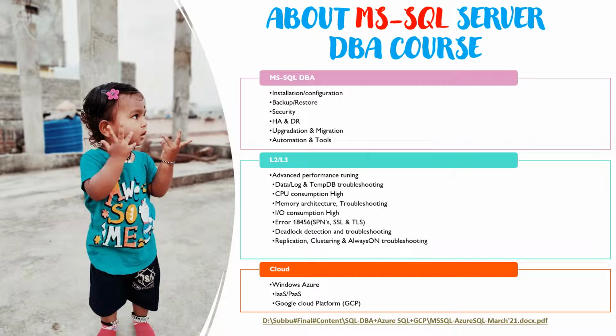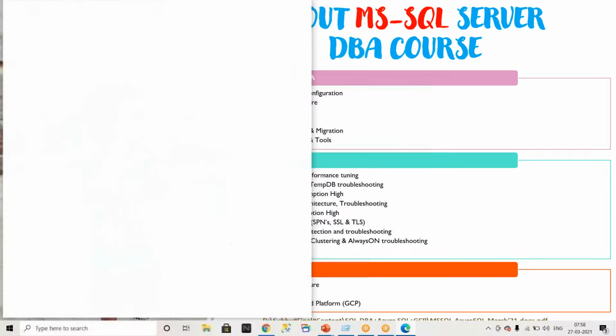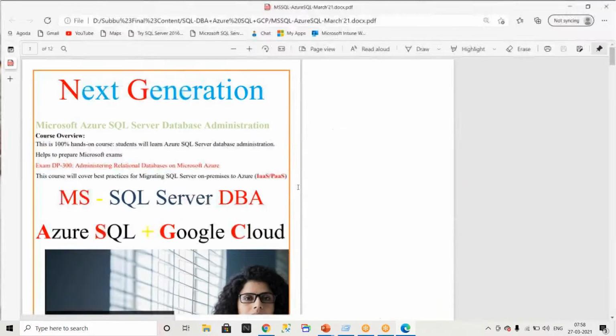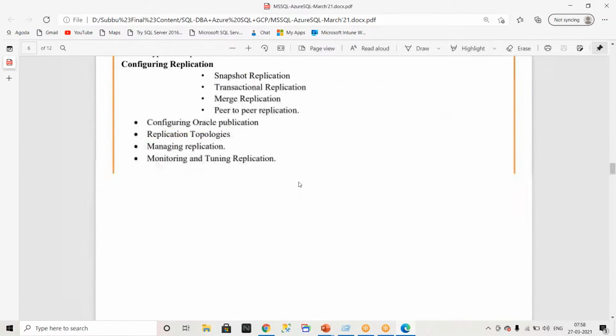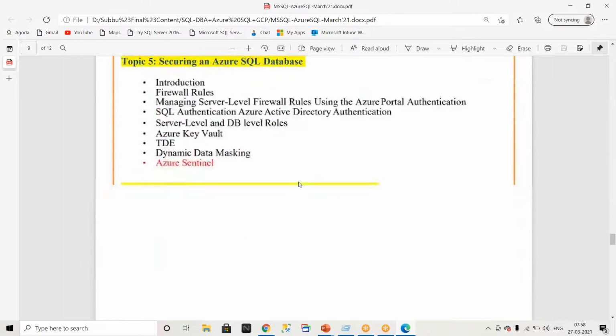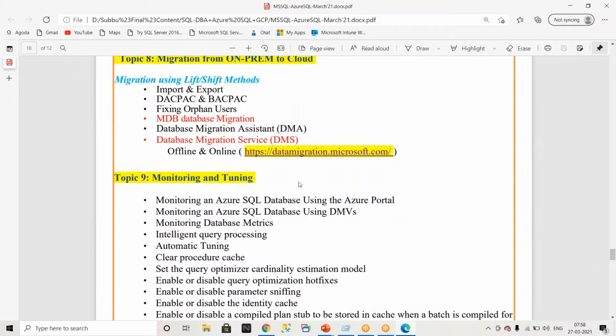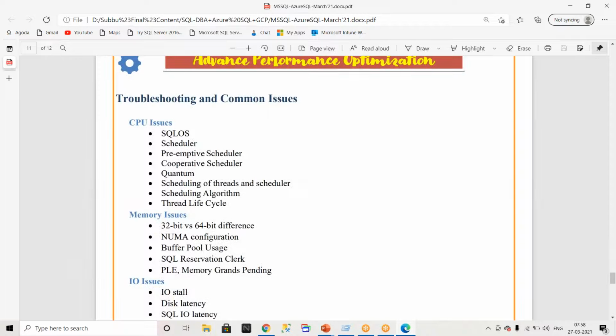Just a quick question. The last part on the document, where it says advanced performance optimization, is that optimization in Azure or on-premises?